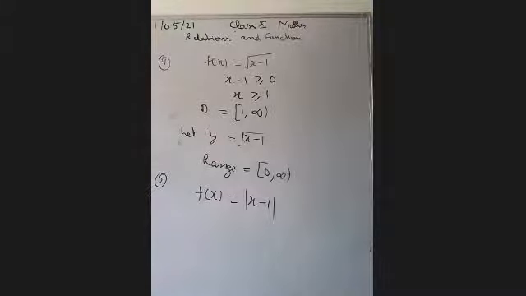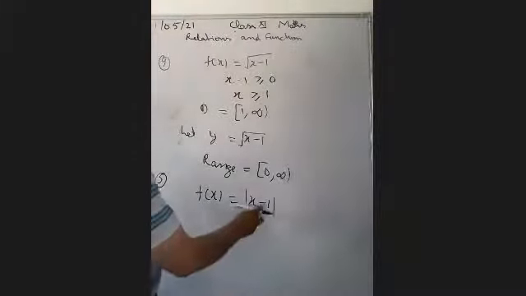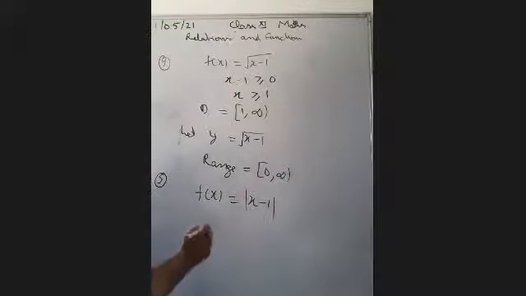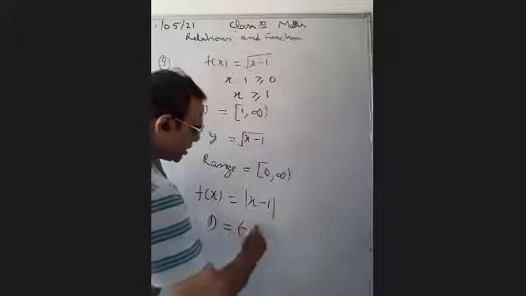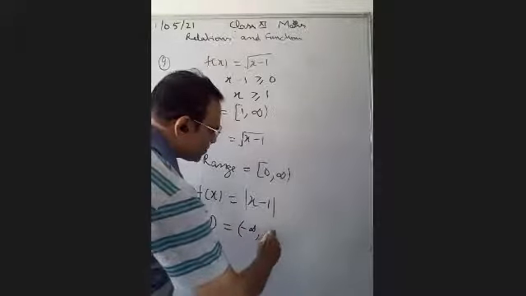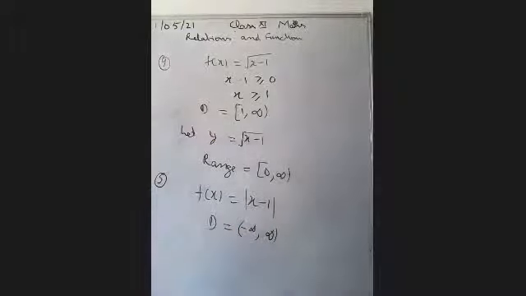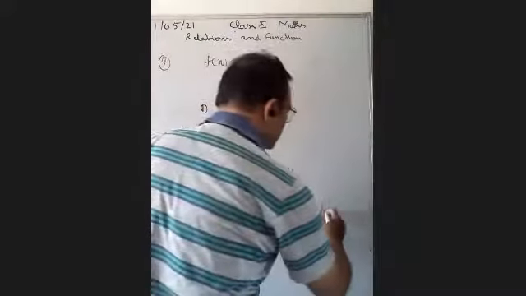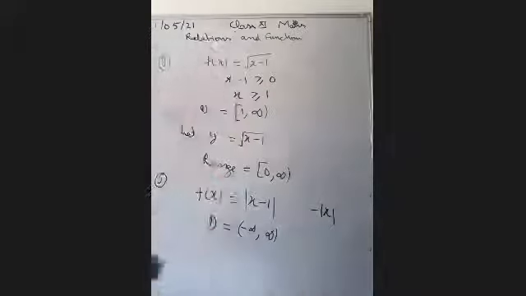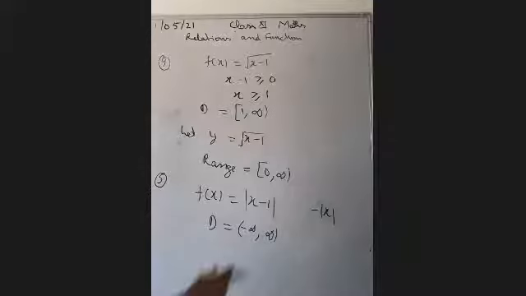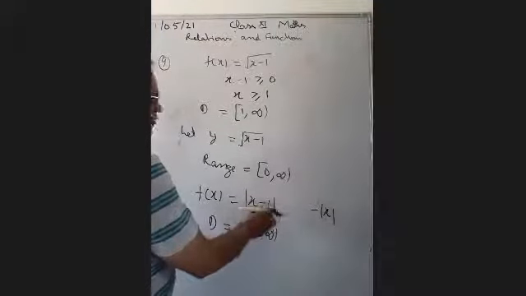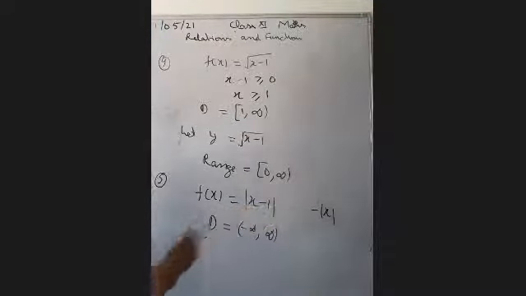If we take f(x) is equal to modulus x minus 1, then in the domain there is no problem, you can take all real numbers, that is, minus infinite to infinite. Yesterday we also solved a similar question, minus modulus x. So in the domain there is no problem, you can take all numbers, but whatever you put as input here, the result will be positive only.